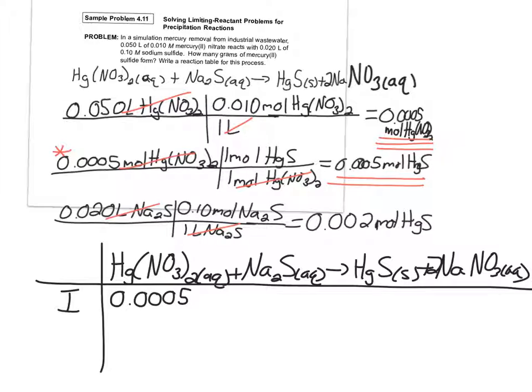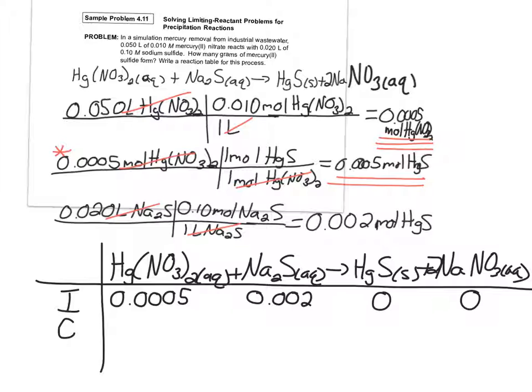I started out with 0.002 moles of the sodium sulfide, and initially we always start out with 0 moles of products, okay? Because at the beginning of a reaction, they haven't reacted yet to form any products. So then we have the change, which comes next. And here's where we write up how much of the reactants we used and then how much of the products we formed.